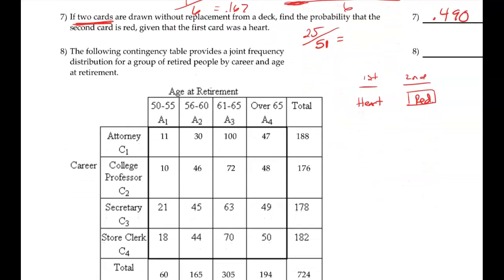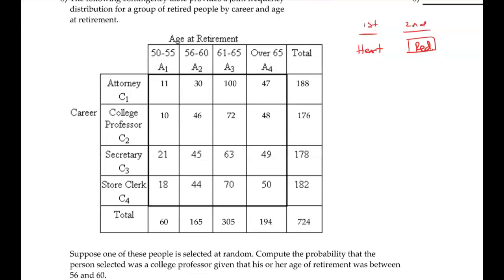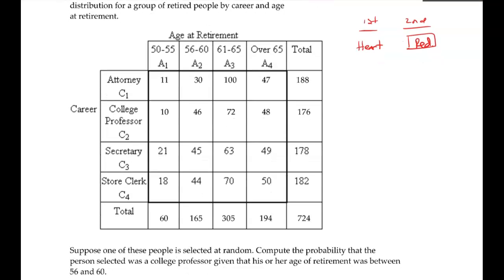Number 8, the following contingency table. All right. So we've got a big contingency table going on. Suppose one of these people is selected at random. Compute the probability that the person selected was a college professor, given that their age of retirement was between 56 and 60. So again, between 56 and 60, we are now limiting everything to just this column, ignoring everything else. We want the probability that they are a college professor.